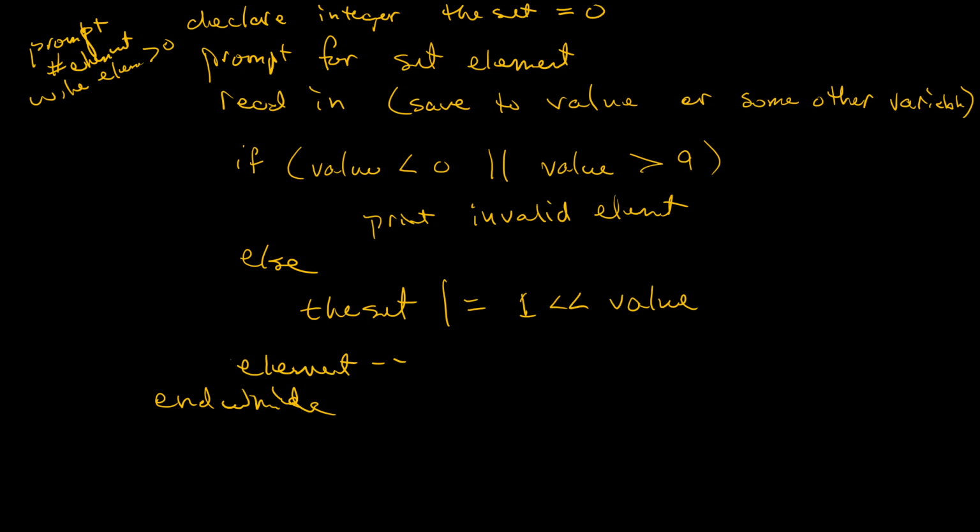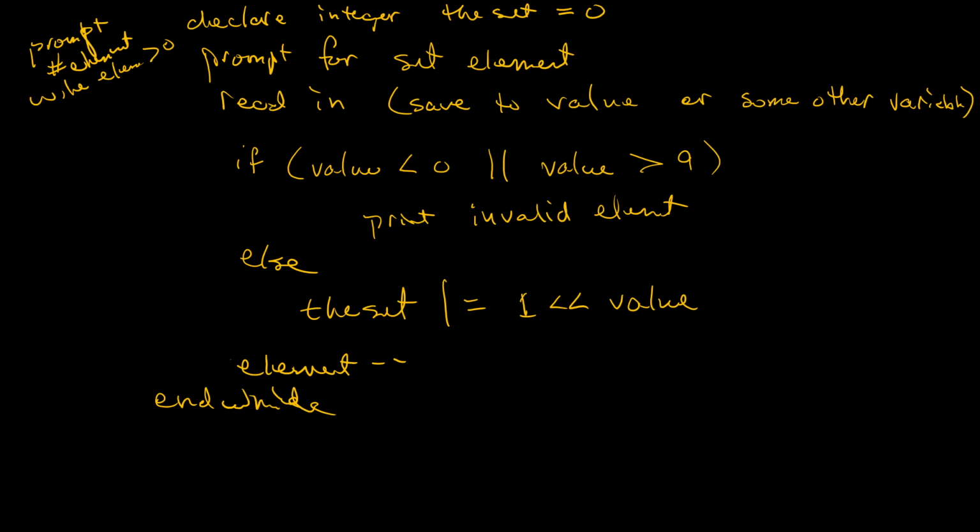Just read it in, and then while that element number is greater than 0, ask for a value, an element in the set. If it's not valid, ignore it. If it is valid, set that bit. So you might say, well, what happens if they enter 3 times? Well, that means 3 is in the set. Don't worry about checking for duplicates or anything else. Remember, everything in the set is unique.